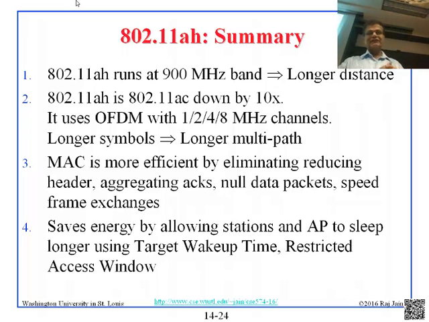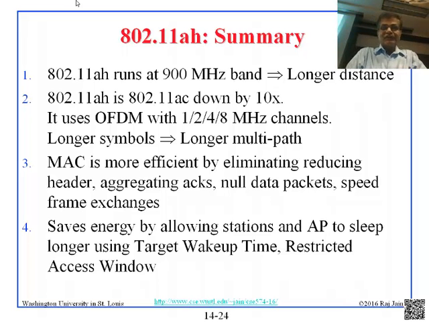They just took 11AC and clocked it down by 10x. What does that mean? It means longer duration in time. The time domain duration is 10 times; in the frequency domain, it is 1/10. Good. So longer symbols, longer multipath. So now you can go longer distance.